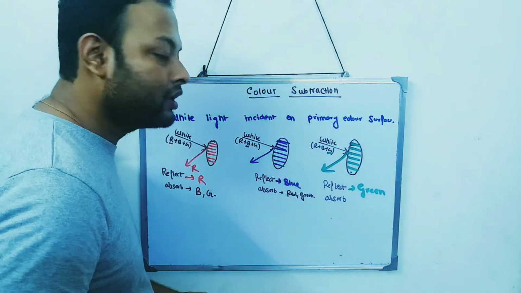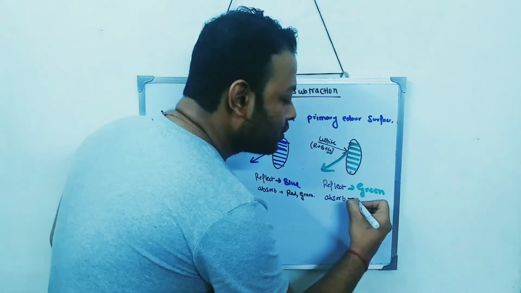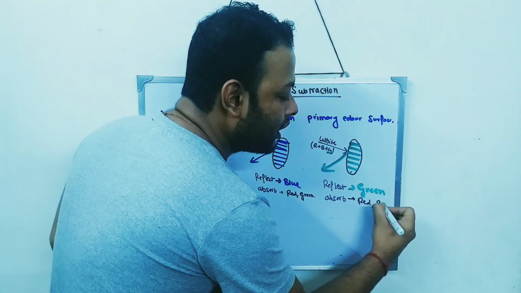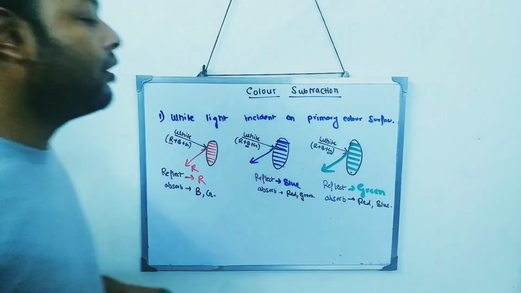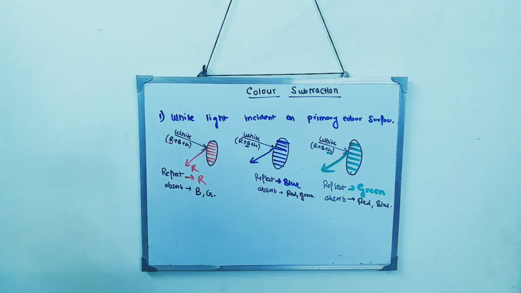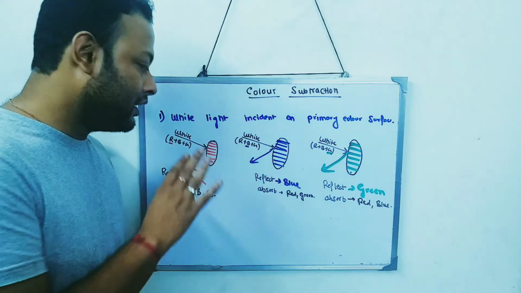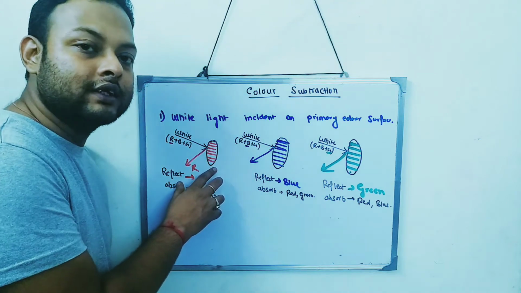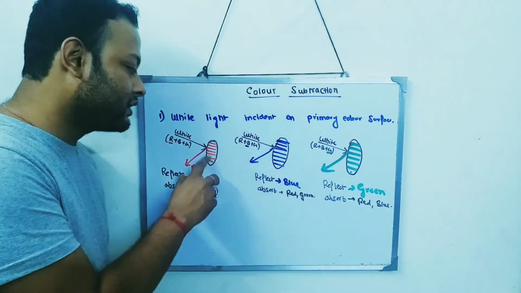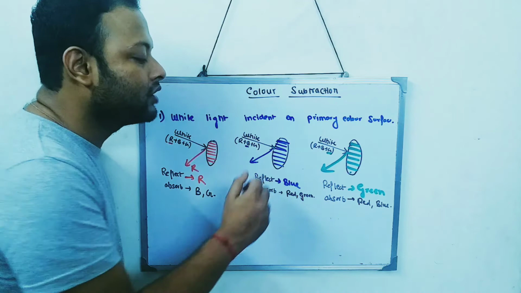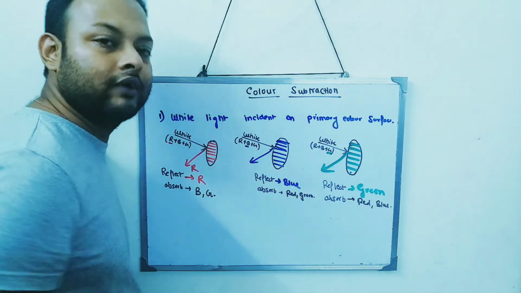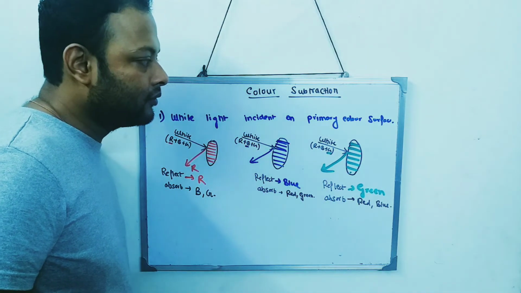The other two components get absorbed on the surface. So the red and the blue get absorbed. I hope you understood this part, that the surface only reflects that particular color. The red surface reflects the red color, the blue surface reflects the blue color, the green surface reflects the green color.